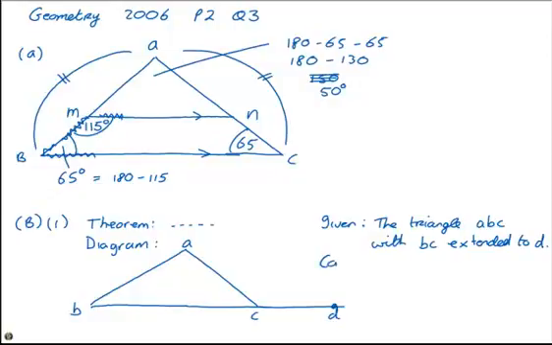Your constructions. You're going to label the angles. And it'll be angle 1 through to angle 4. You can do that.